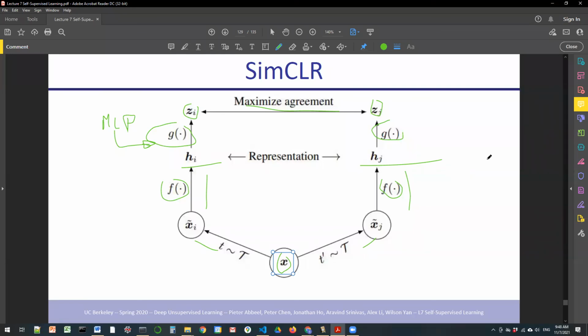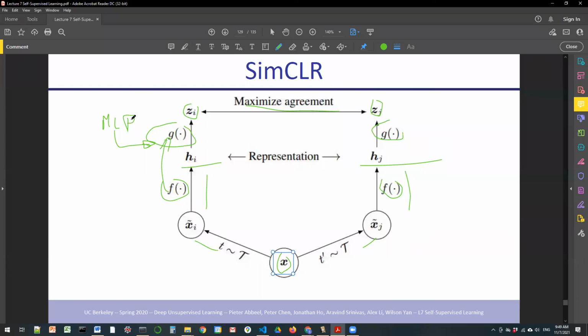So in effect, you take a ResNet, which is doing all the encoding, and then you stick another MLP on top of the ResNet, the representations that you've learned, and that's what gets you, among other things, a big boost in your results, right? And what it does is it takes the F embeddings and puts them into a lower dimension G space, right?